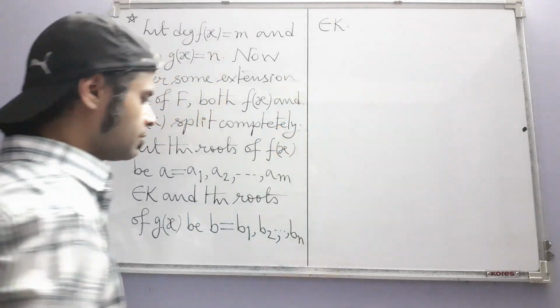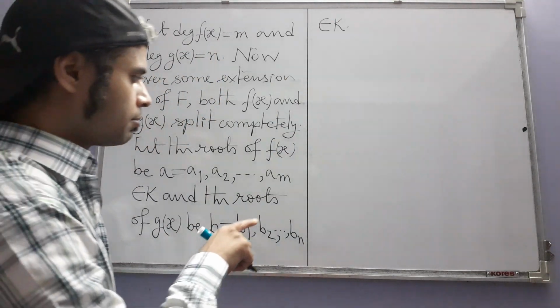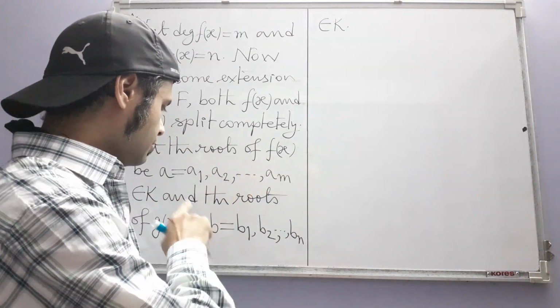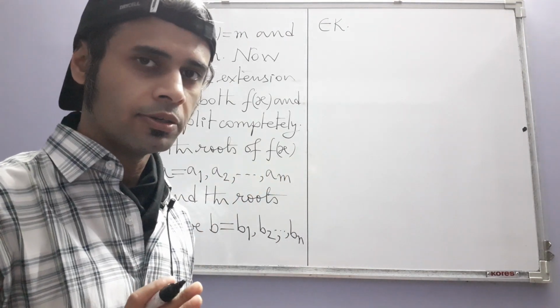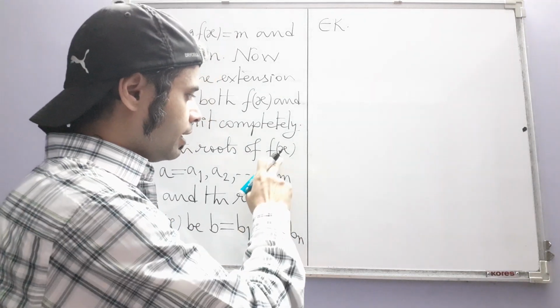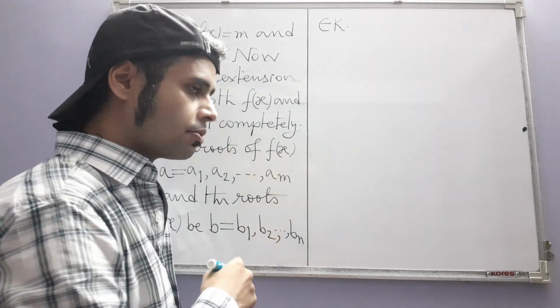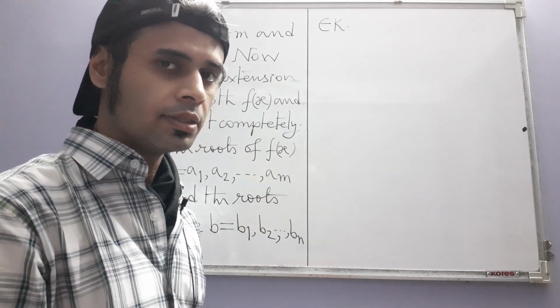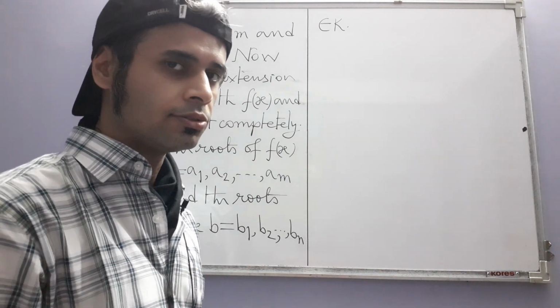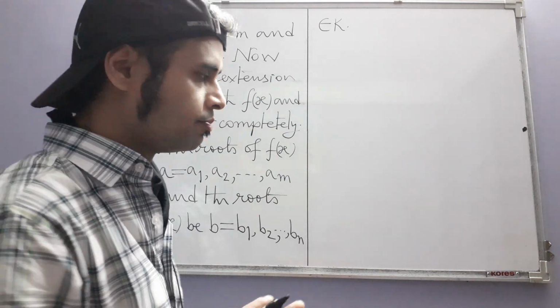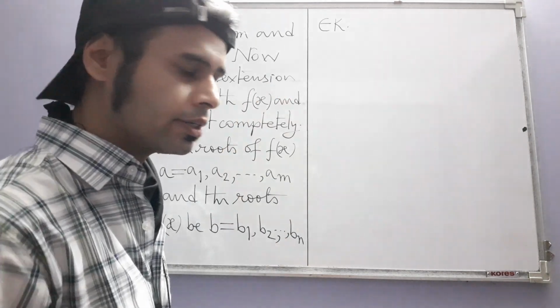Now we invoke the hypothesis that f and g are irreducible polynomials. So we have seen that any irreducible polynomial over a field of characteristic 0 has only distinct roots. There is no multiple root, and that is that previous corollary that we saw.